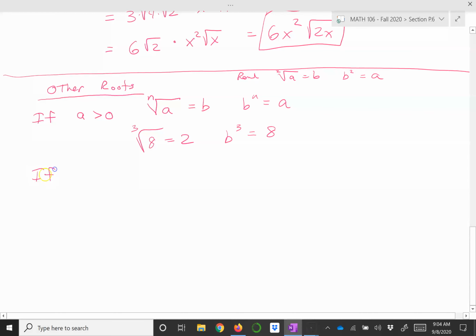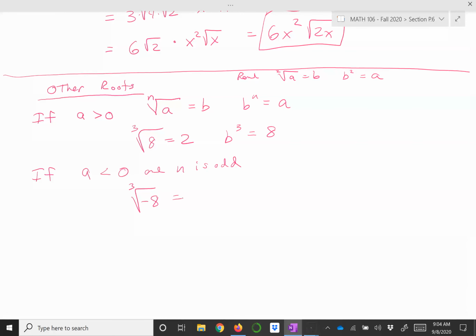Okay, now there's just a couple of things. Let's say a, the thing underneath the root, is less than 0, and n is odd. What does that look like? How about this: if I had the cube root of -8, what's the answer to that?